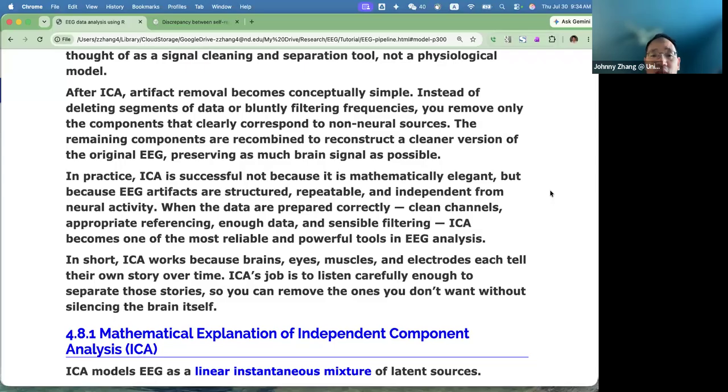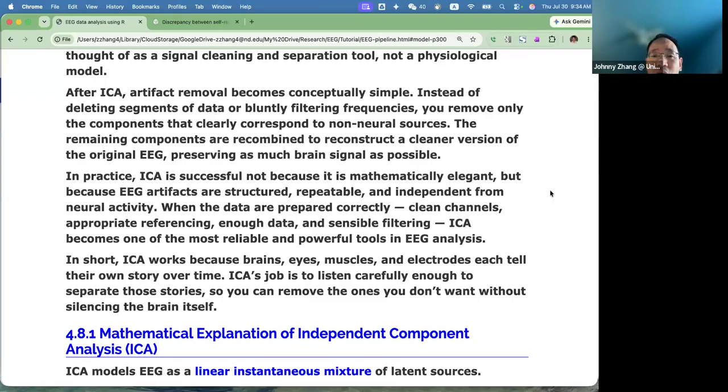Another reason we do IC analysis is, as we know, the signals in the electrodes we collected may include signals from sources that are not related to brain activities, right?